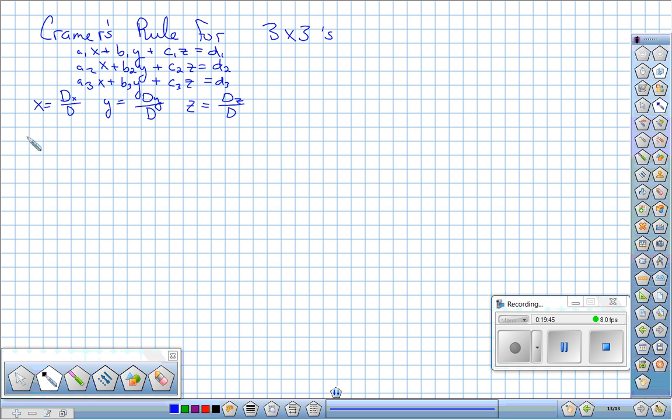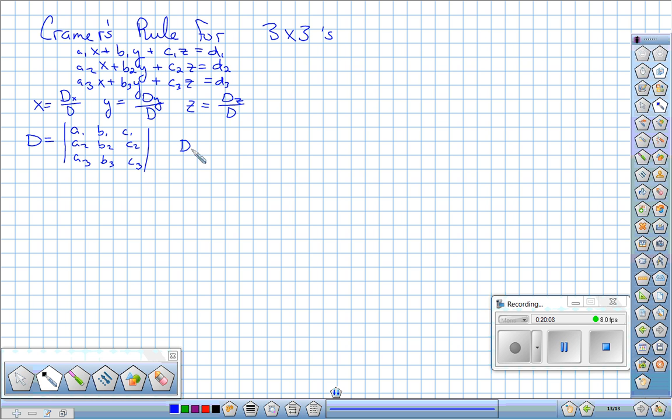Your plain old d is the same way that it was before. It is going to be the determinant of the coefficients. So d is a1, b1, c1, a2, b2, c2, and a3, b3, c3. So just pay attention to your patterning again.